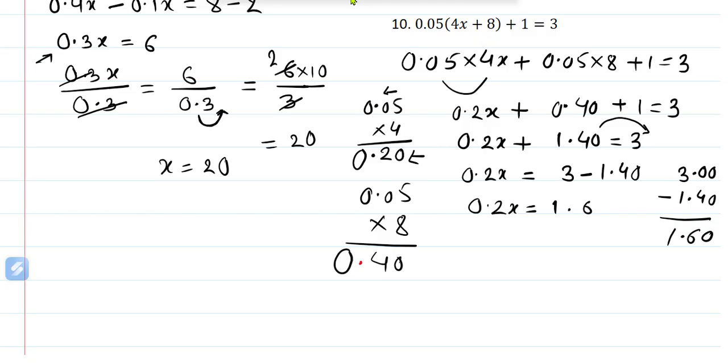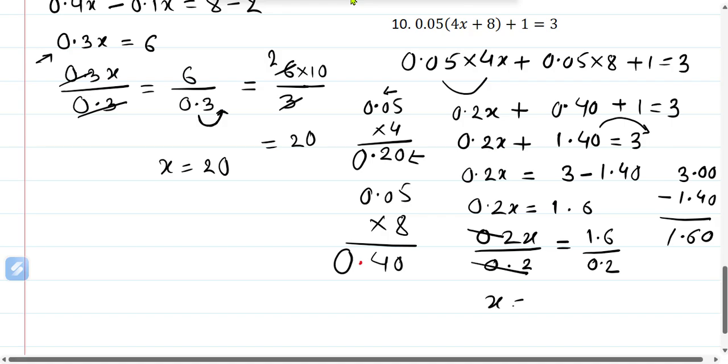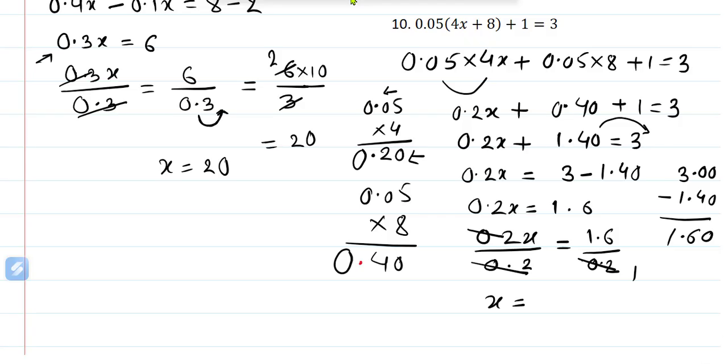Now this is divided by 0.2 here, and equal to 1.6 divided by 0.2. So cancel 0.2 and 0.2 here. The value of x is now equal to 1.6 divided by 0.2.